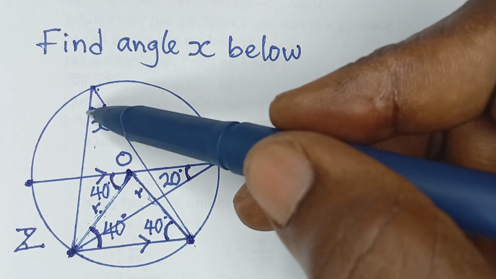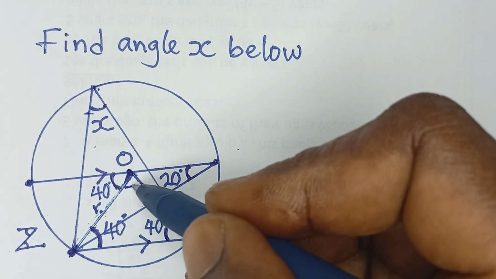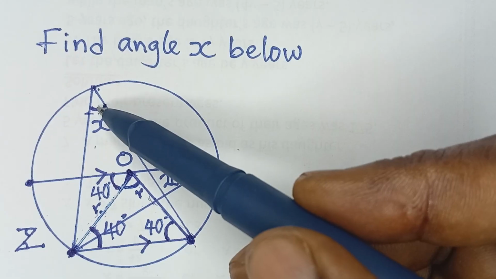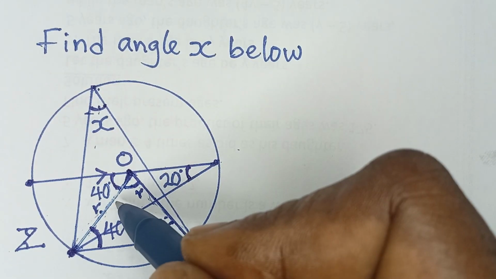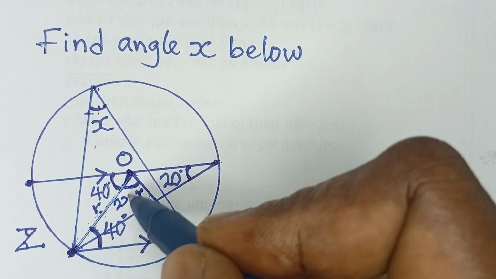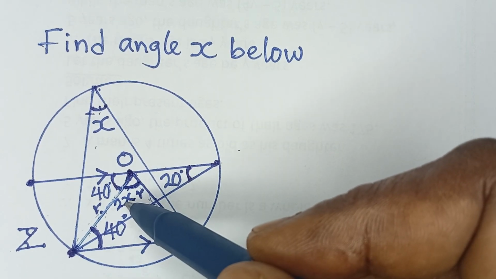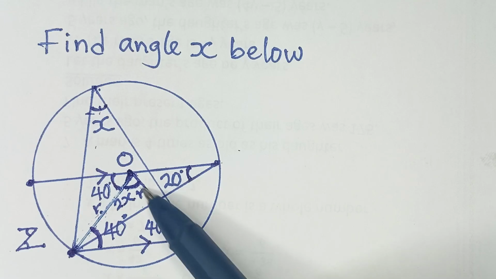So if this is angle X at the circumference, then what will be this angle here at the center? You agree with me that twice the angle at the circumference is equal to the angle at the center. So this angle here will be 2x. So this angle at the center here is equal to 2x. So now we are going to use this triangle here, this isosceles triangle that I've indicated before.